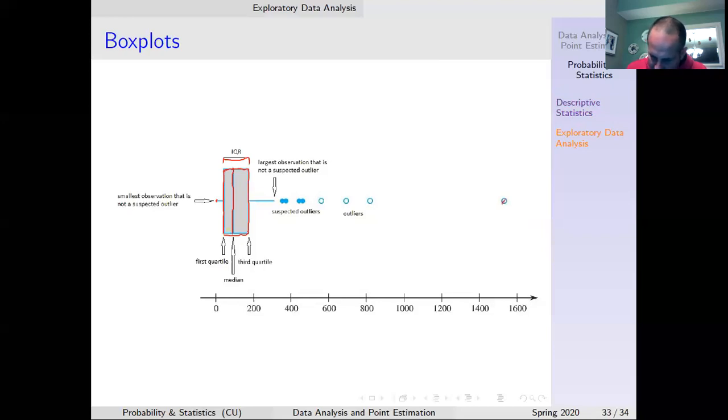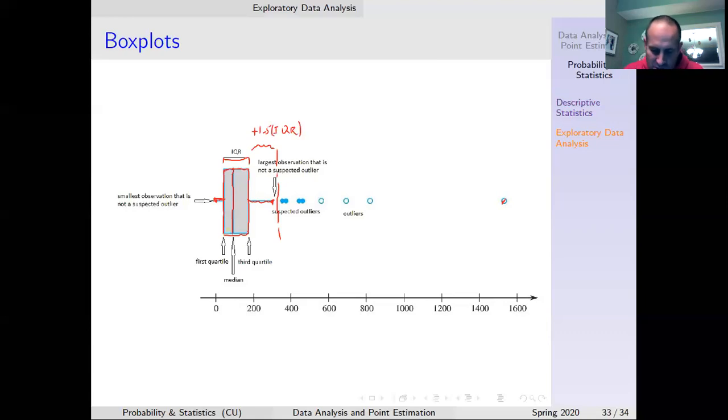And the maximum apparently is up here, okay? And then you draw a line down to the minimum if the minimum isn't a suspected outlier. And you draw a line out to the last data value that isn't a suspected outlier. But anything that's above, I guess what they're saying here is that this is plus 1.5 IQRs, okay?